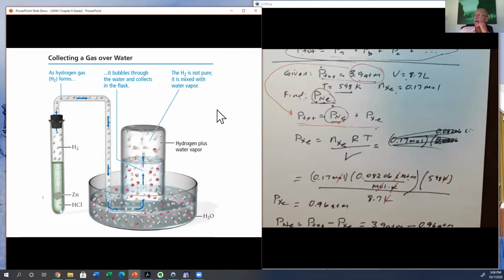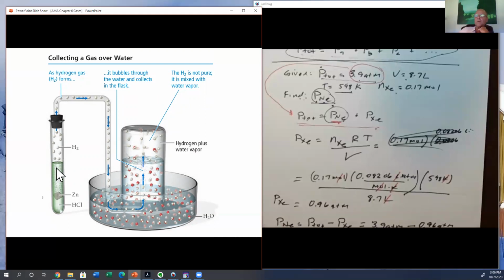So let's talk a little bit about partial pressures, staying on the same topic, but how that works when you are collecting a gas over water. A lot of times a chemical reaction that produces gases, the gas is just going to escape to the atmosphere. If you want to capture it, you have to figure out some way to do that.